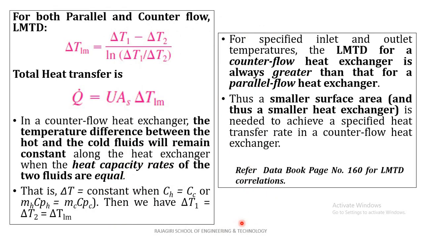Okay, so for both parallel flow and counterflow heat exchangers, LMTD is denoted with theta m, or you can use the letter delta T LM. It's equal to (theta 1 minus theta 2) divided by ln of theta 1 by theta 2, or another way, (theta 2 minus theta 1) divided by ln of theta 2 by theta 1, or you can use delta T1 and delta T2 in place of theta 1 and theta 2.